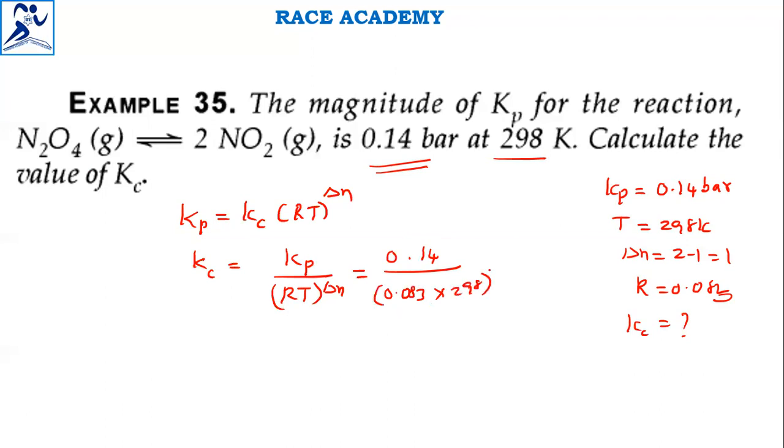Whole power delta N value is 1, so whole power 1 is the same only. So that is the simplification.